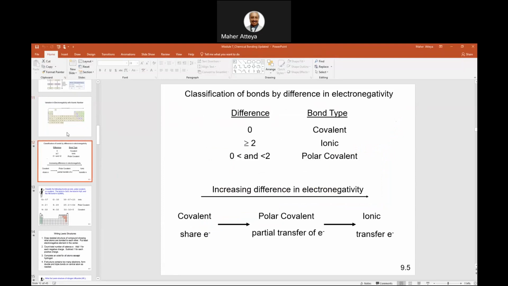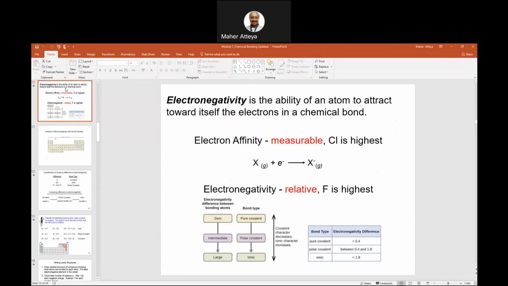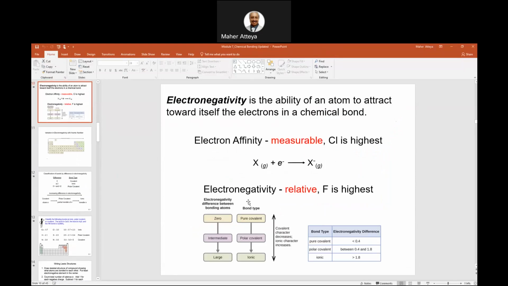So now, with the electronegativity difference here, we can determine the bond being covalent polar, covalent non-polar, or ionic. Can determine the polarity.